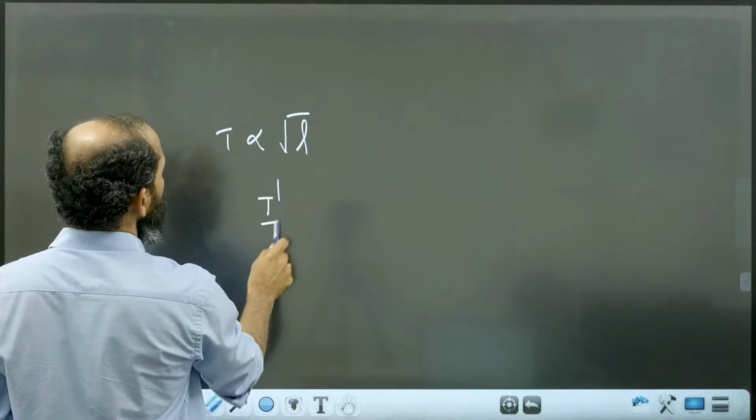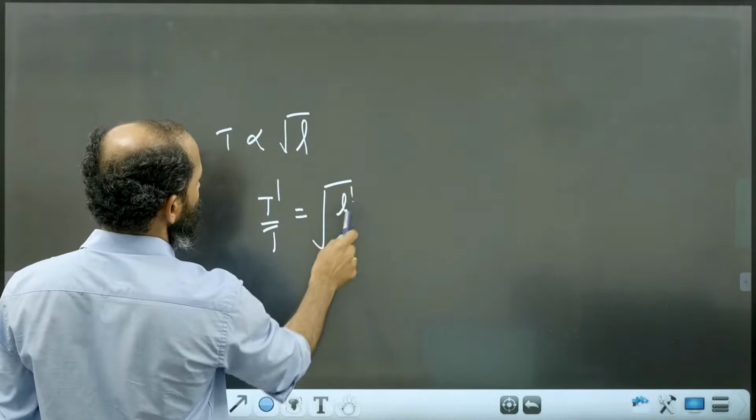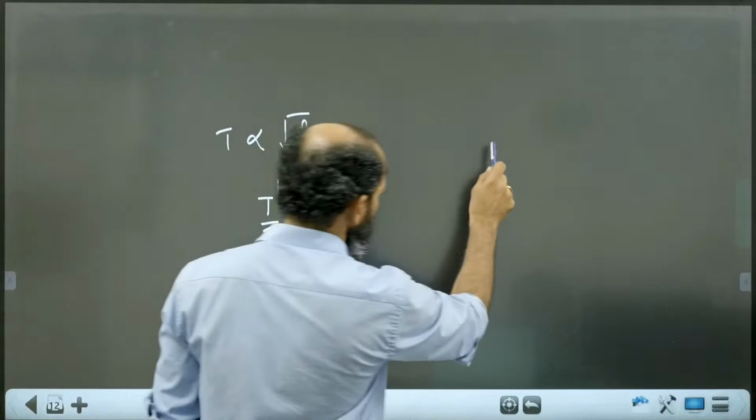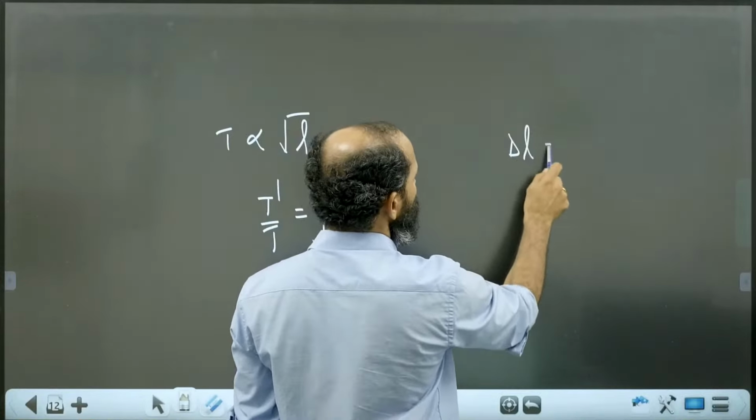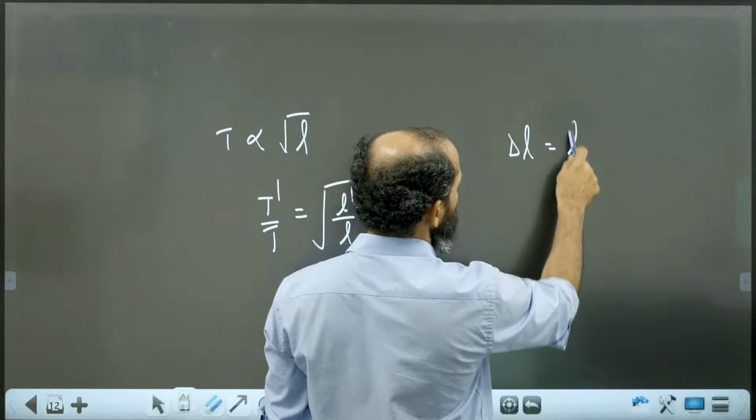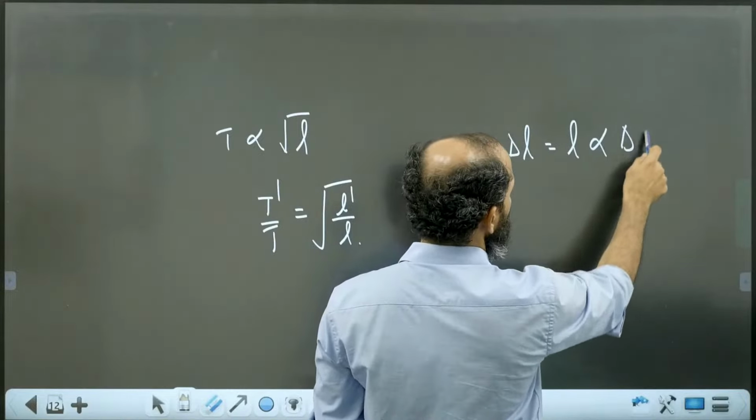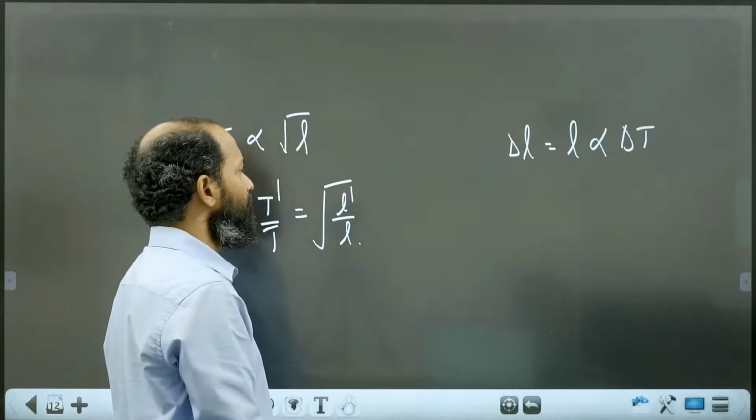There, T dash by T as root of L dash by L. The change in length due to thermal expansion, delta L as L alpha delta T, we have learned in chapter thermal properties.